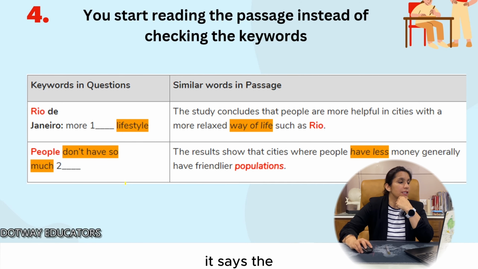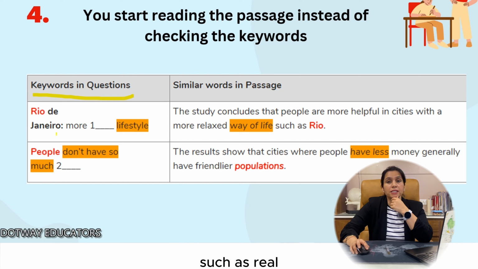Let's see an example. The keywords in the question are Rio de Janeiro and more dash lifestyle. The passage says the study concludes that people are more helpful in cities with a more relaxed way of life, such as Rio.